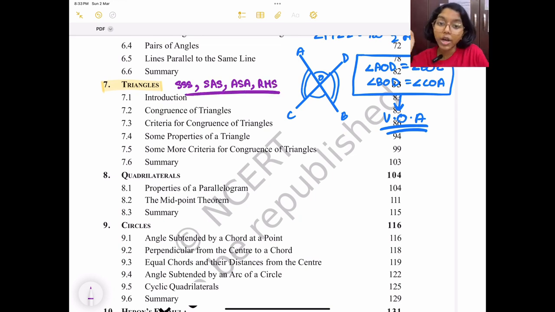Now, there's this new one which you have not studied before. Okay, so which one is that? That is AAS.